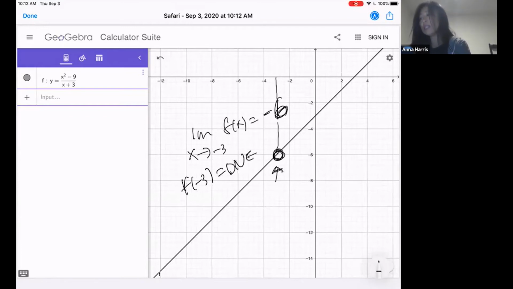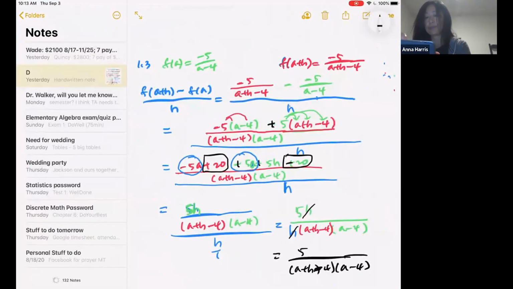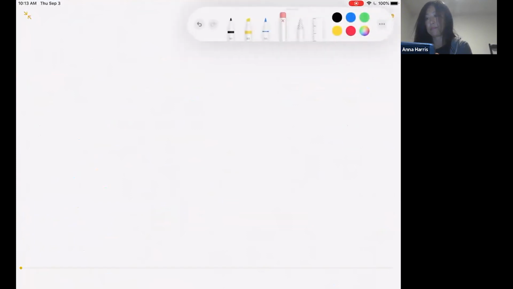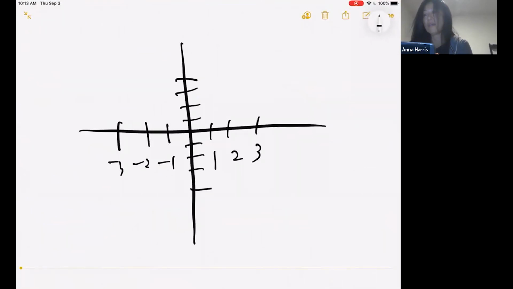And then when it's not removable, like this case, if I give you a problem like this, f of x equals 1 over x, it is non-removable.